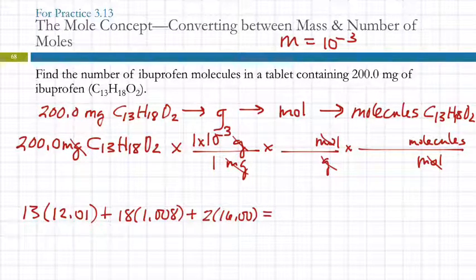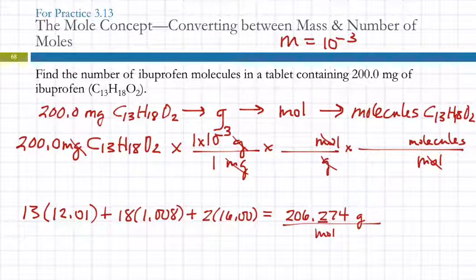So 13 times 12.01 plus 18 times 1.008 plus 2 times 16 equals 206.274 grams per mole.